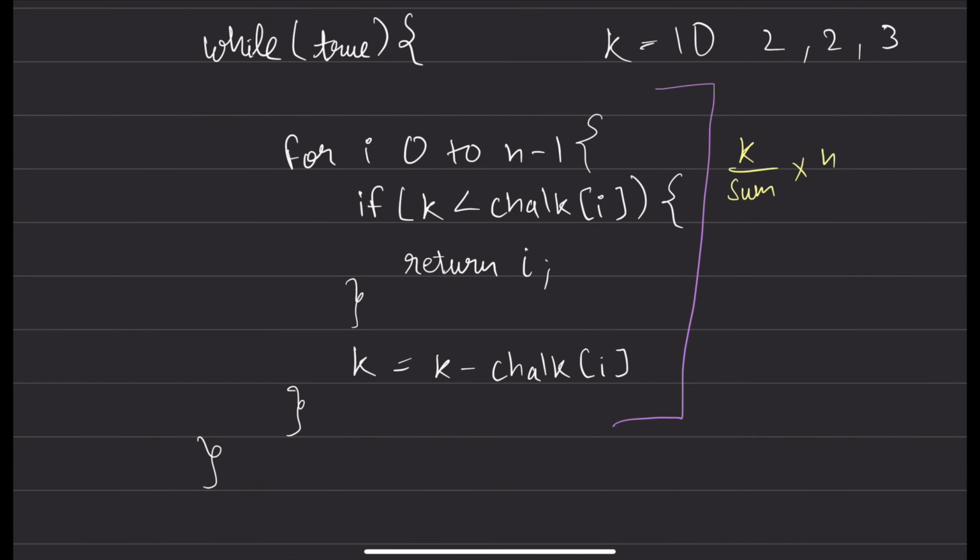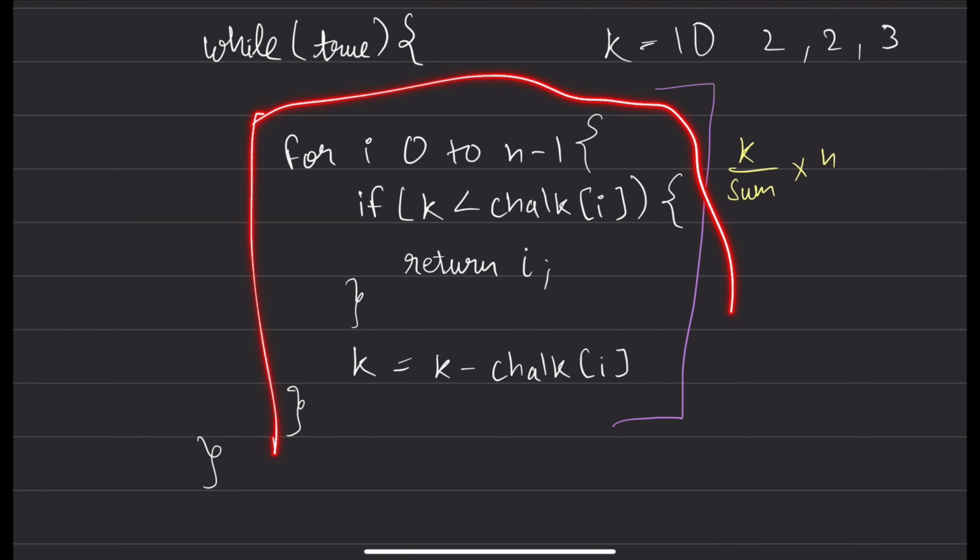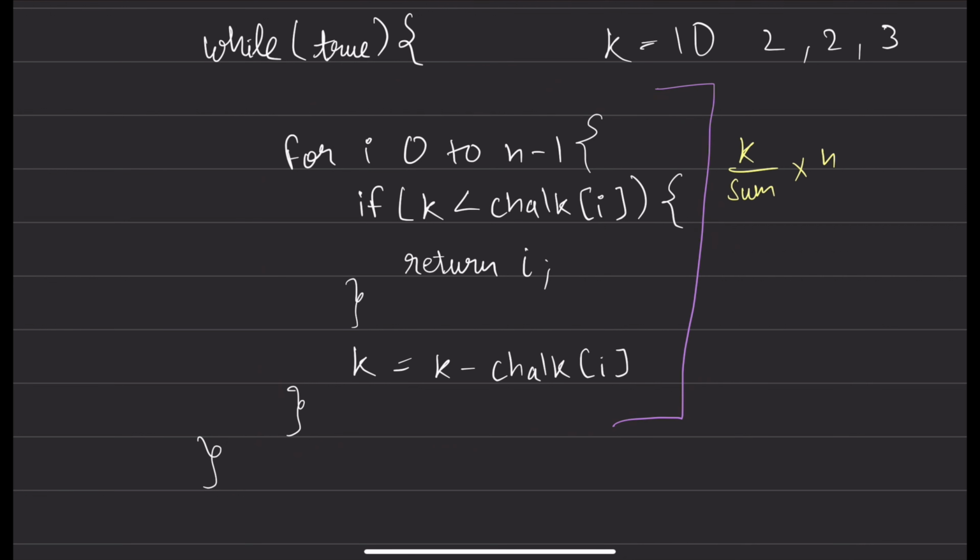In the previous approach, we saw that we are required to iterate on each student and reduce their required number of chalks. Instead of doing this, can't we just go down to the last iteration directly? What I mean is, suppose k in this case is 15 and the number of chalks required by each student is 2, 2 and 3.